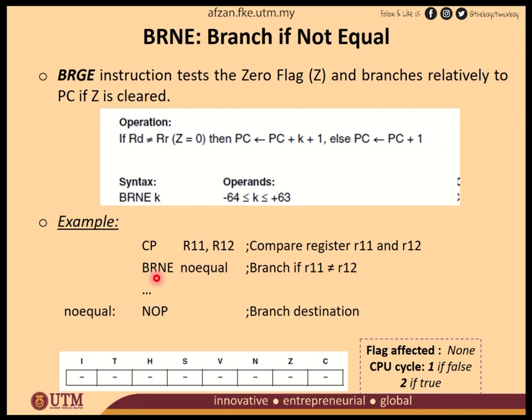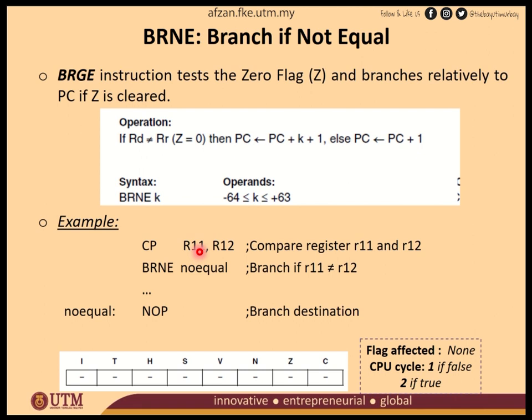So this instruction tests the zero flag and branches relatively to the PC if that is cleared. So CP R11 R12: you compare these two numbers, register 11 and register 12.